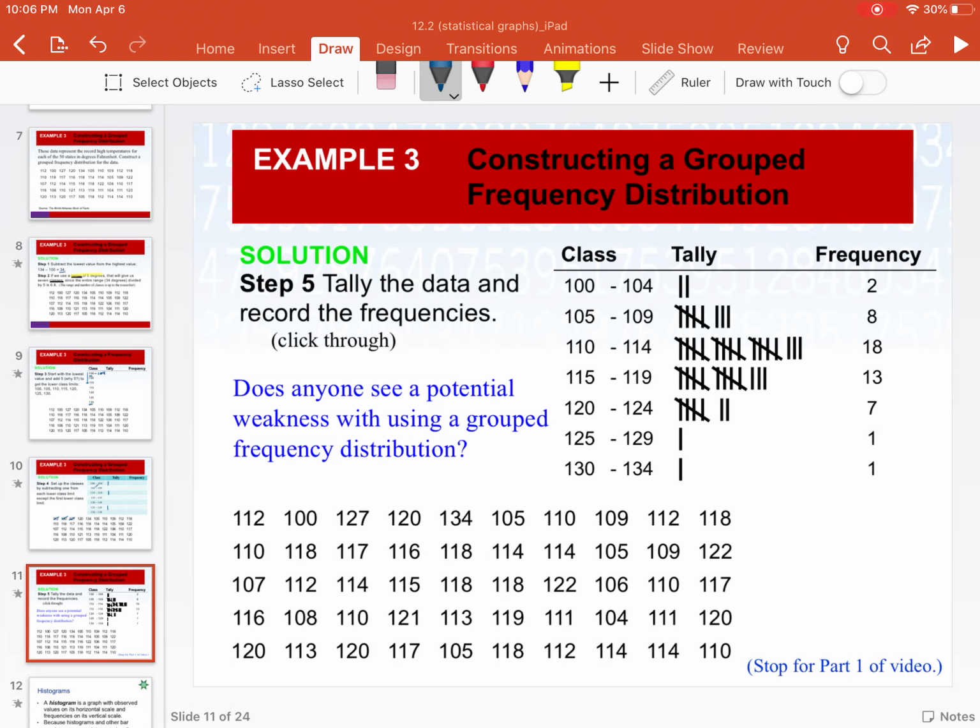And now you can see that the most common group, or the highest number group for the record high temperatures in the 50 states is right in here. That was the most. There was only one state that hit, what was it? I think it was 134, yeah. Probably Arizona, you think? And down here, the record high was 100 to 104.